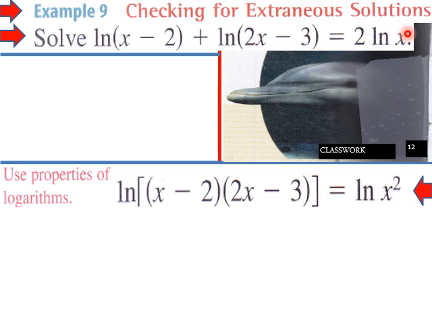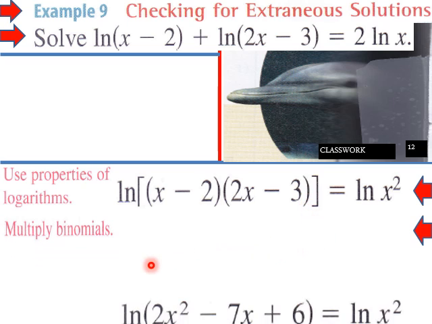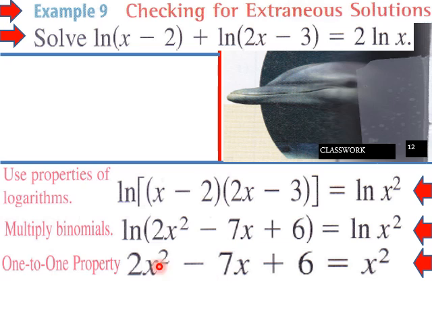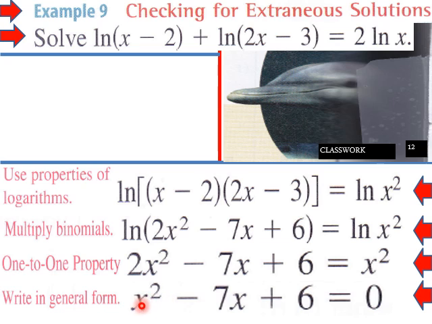So this goes back up here to x squared. And then multiply binomials, FOIL them. You still have natural log of x squared over here. And then with the one-to-one property, you take out your natural log, and then you have 2x squared minus 7x plus 6 equals x squared. And then write it in general form, combine like terms, and you have this trinomial here.